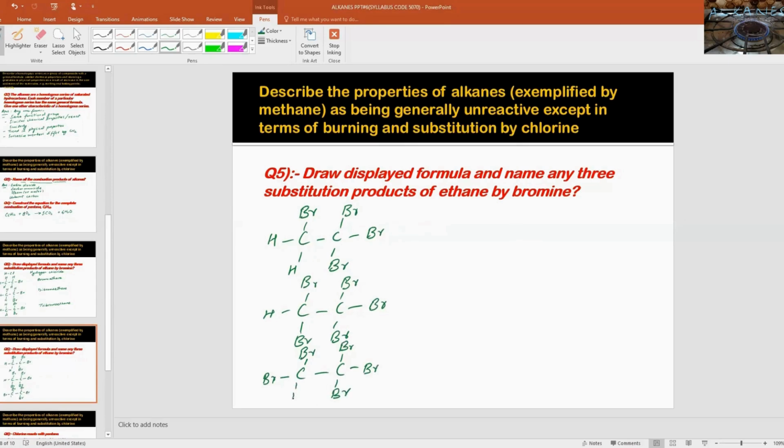Now let's write their names. Here we have 4 bromine. So I will write tetrabromoethane. This one is pentabromoethane. The last one, hexabromoethane. There are 6 bromine atoms.